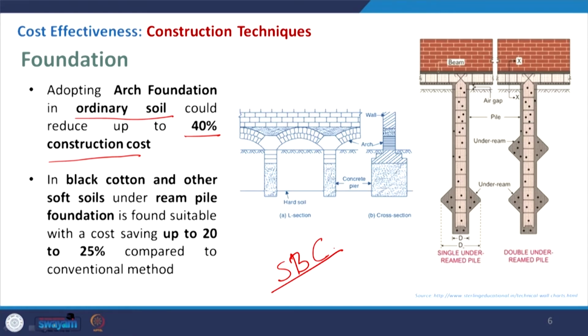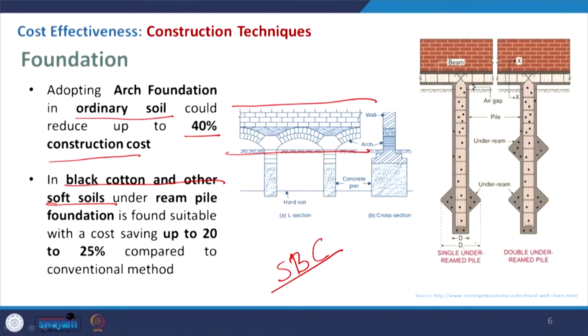We are not going to discuss that in detail in this presentation, but for ordinary soil where the bearing capacity is good enough, the arch foundation can really help. But where the soil is of black cotton type, which is a serious issue, probably we will not get enough strength at the lower depth.